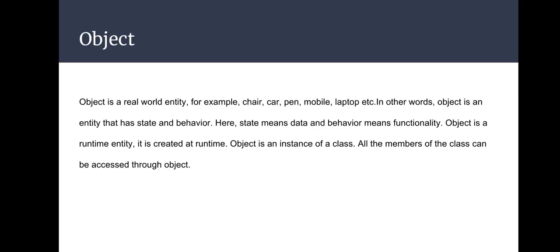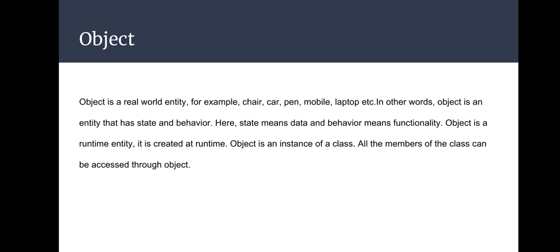Next is object. An object is a real world entity, for example chair, car, pen, mobile, laptop, watch, etc. are examples of objects. In other words, an object is an entity that has state and behavior. We can say that an object consists of two things. The first one is attributes, the second one is behavior.